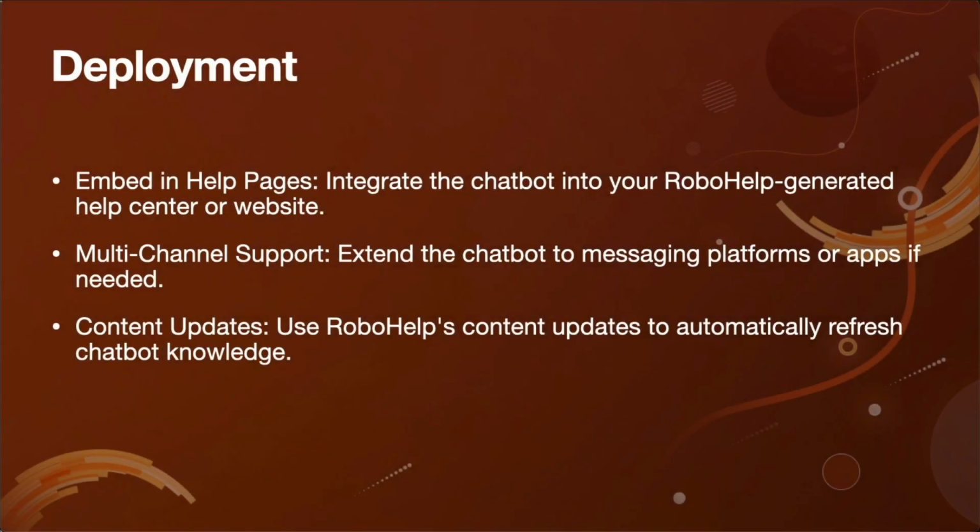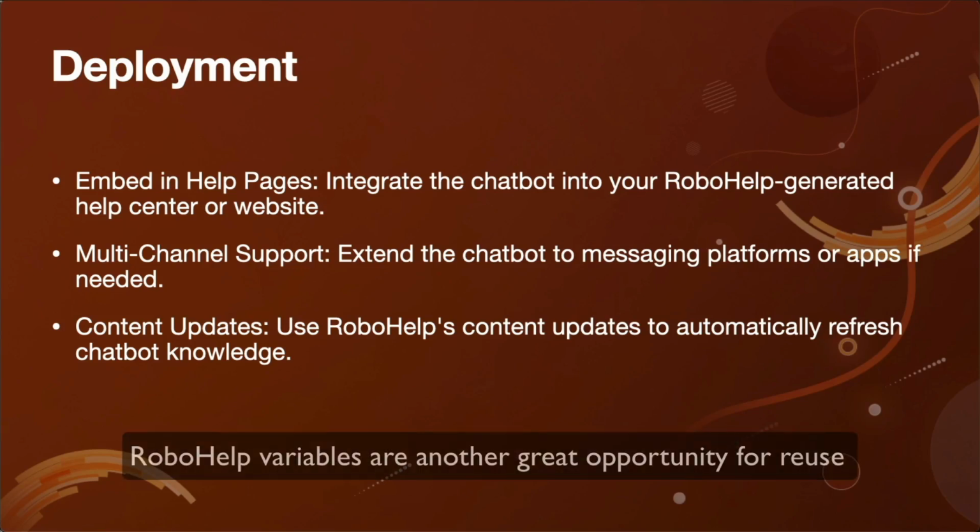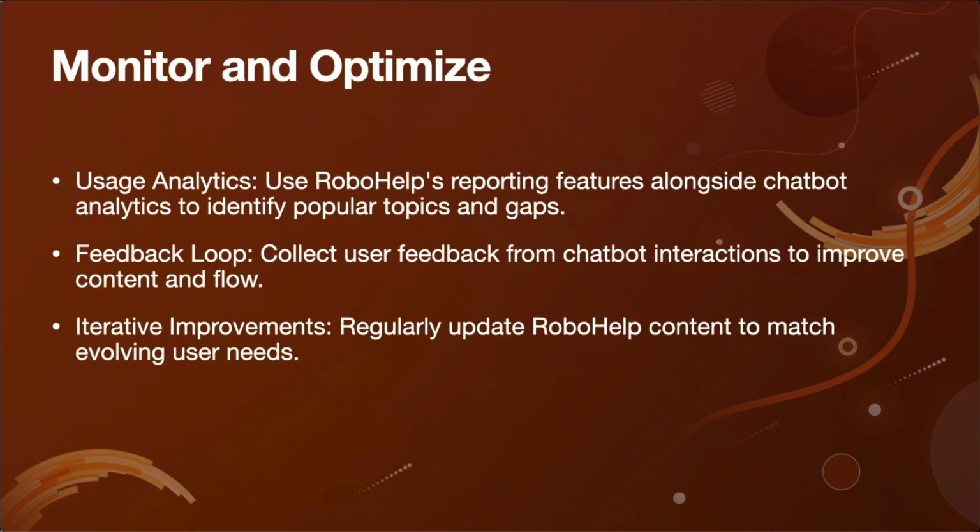You also might want to push this chatbot out to messaging platforms or apps if you're part of an application development team. And finally, evaluate whether you're properly using RoboHelp content reuse techniques, things like HTML snippets, to minimize the effort in updating your topics as well as your microcontent. Once you've got everything out the door, you'll be able to monitor and optimize your microcontent as well as your RoboHelp topic content.